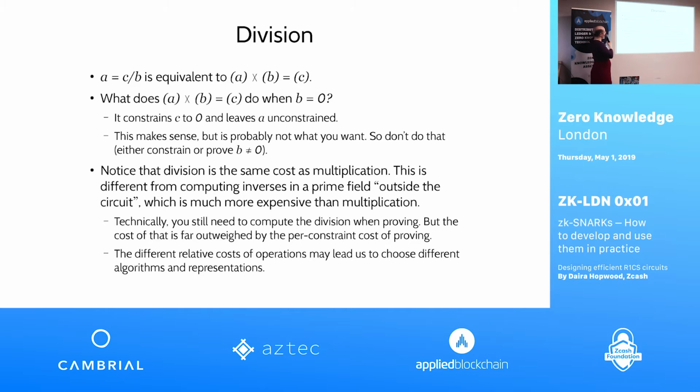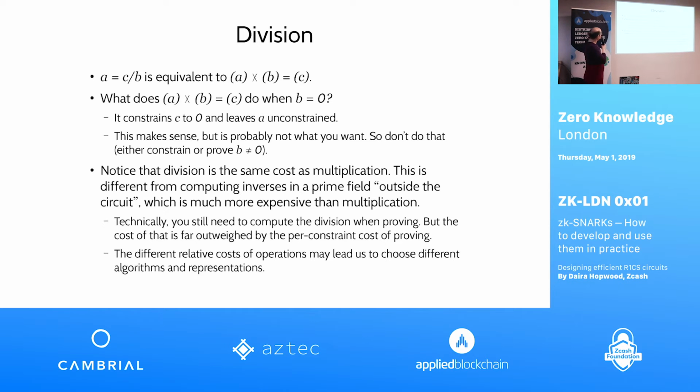So how do we do division? Well, because this is a constraint language, we can convert any division into a multiplication. So if we multiply each side of this by B, we get A times B equals C. But you should be worried about what happens here when B is 0.